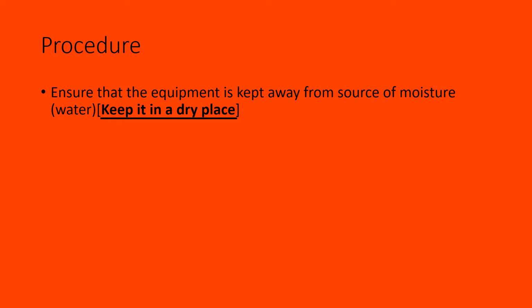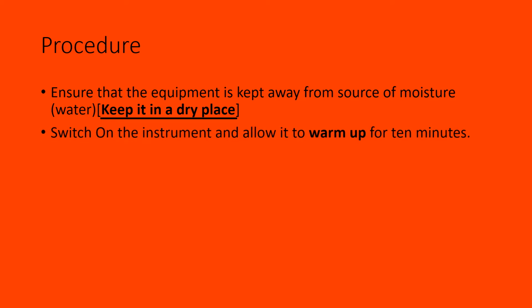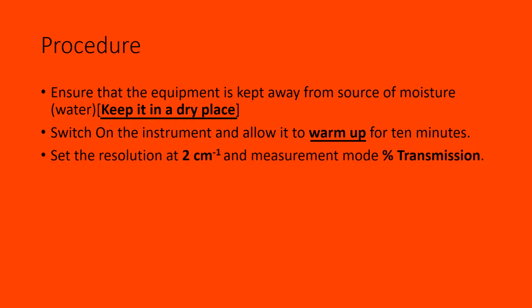Make sure that there is no water tap or a sink in the nearby vicinity. Switch on the instrument and allow it to warm up for 10 minutes. Set the resolution at 2 cm⁻¹ and measurement mode % transmission.